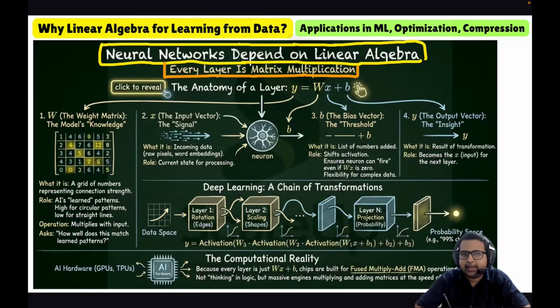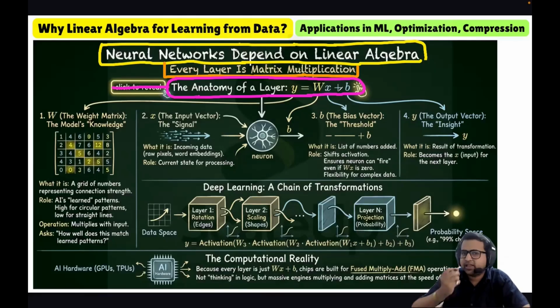Every layer of a neural network makes use of an equation called y = Wx + b, which involves matrix multiplication. Now let us decode this equation.